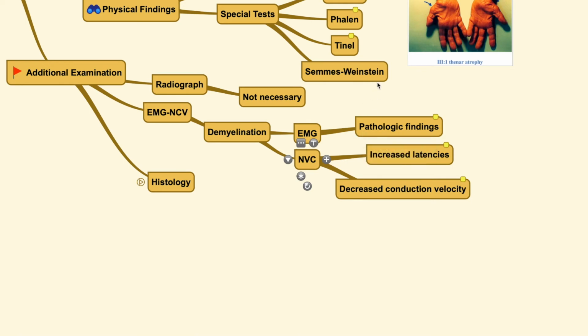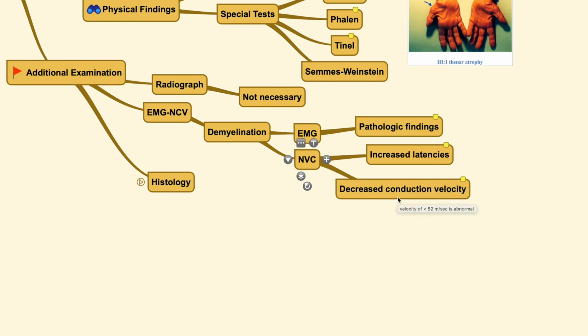There may be some sharp waves or fibrillations, and for the NCV you can find increased latency. Increased latency means that it takes more time for the information that goes along the nerve to reach its normal distance. It takes time, and therefore increased latency. And there could also be decreased conduction velocity.